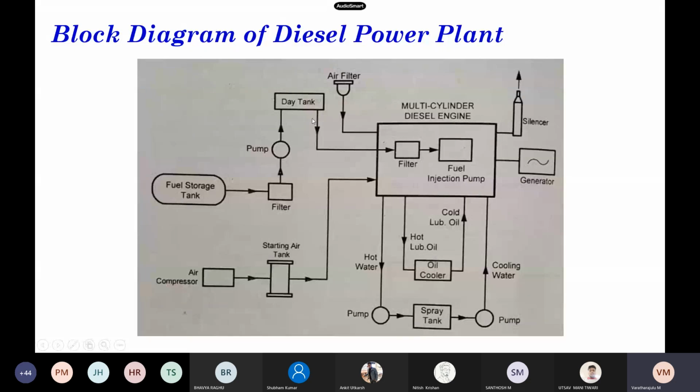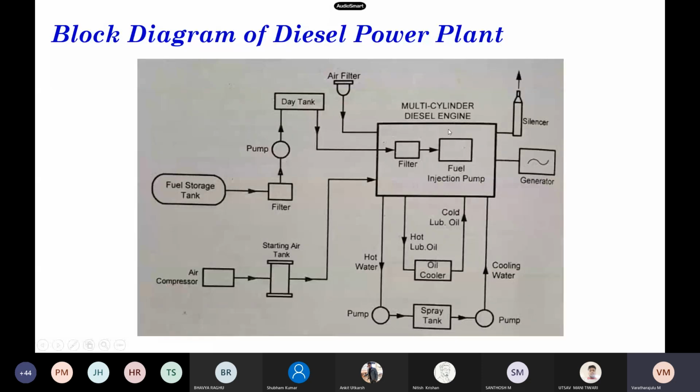Through the pump, the fuel is pumped to the day tank. Once it is necessary, the fuel slowly comes to the filter, and it is fed to the fuel injection pump. And we have the air filter. Air is a major source for doing various actions in the diesel engine. Therefore, it is taken from the atmosphere.